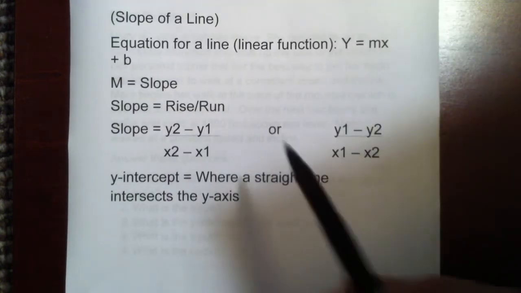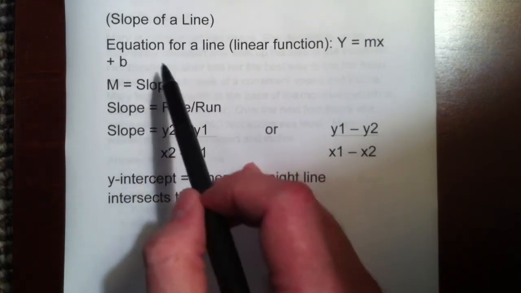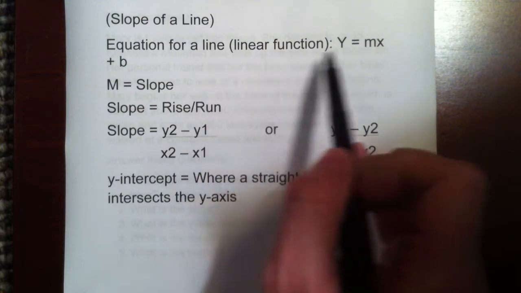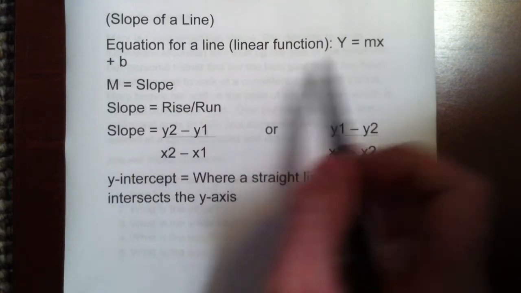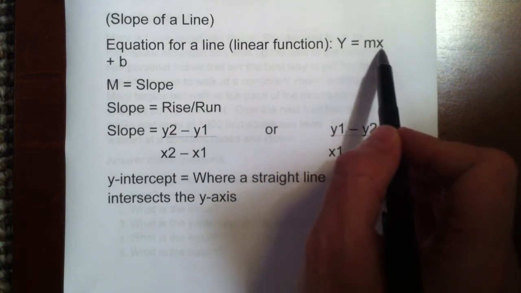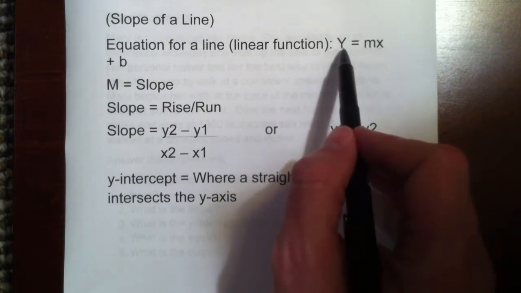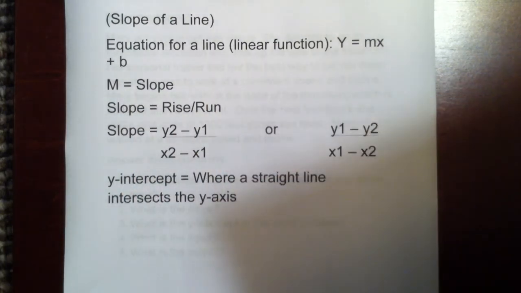I will give you these formulas for slope. The equation of a line or a linear function is y equals mx plus b, where m is the slope, x is the input, y is the output, and b is the constant or the y-intercept.